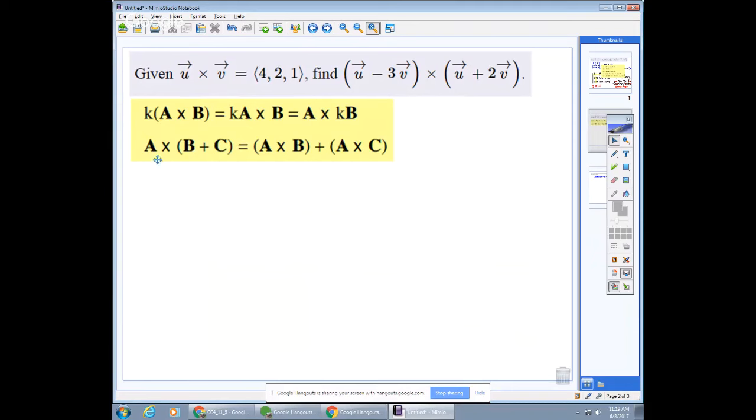So this says if I have a vector crossed with the sum of two vectors, then I can distribute that vector through there. So let's see, will this help? This is just a new vector, right? A linear combination. So let's call that for a second vector A. Then I can rewrite this as A cross U plus A cross 2V.